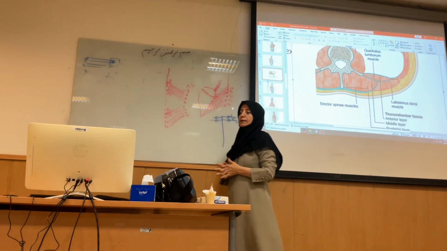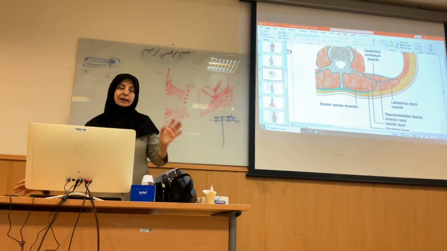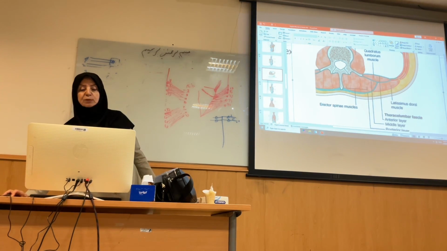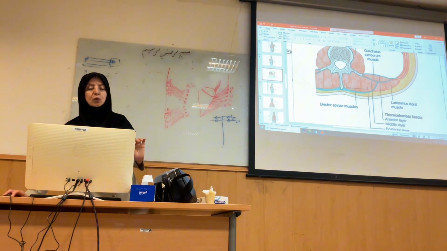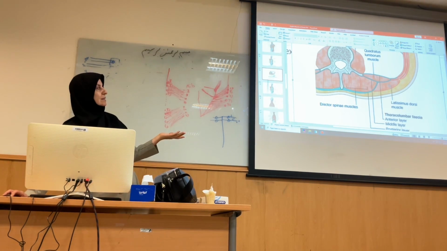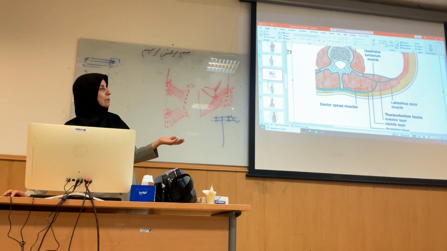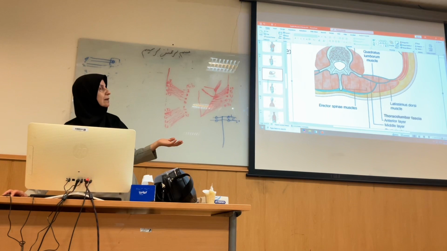This thoracolumbar fascia, look here, it is a cross section from the latissimus dorsi. You remember I told you the latissimus dorsi origin has some attachment to the thoracolumbar fascia. Here it is visible. It is the thoracolumbar fascia, and some of the muscle fibers that belong to the latissimus dorsi are near it and connect to it.